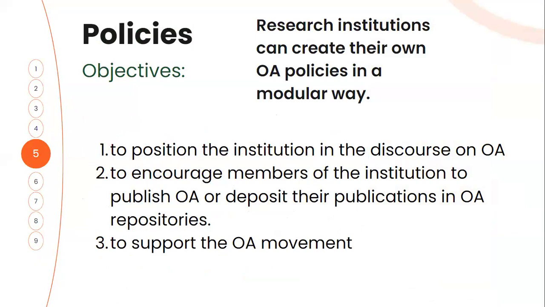And the second thing is to encourage members to publish openly or to deposit their publications in an open access institutional repository. And I will take you through that again in the next session. And the third general objective is to support the movement itself.